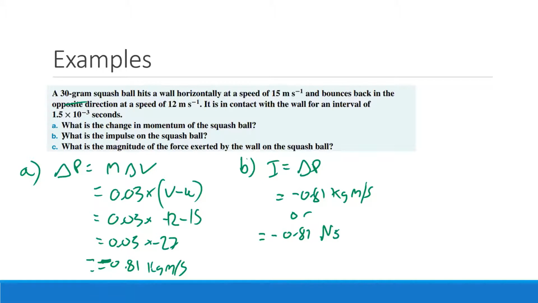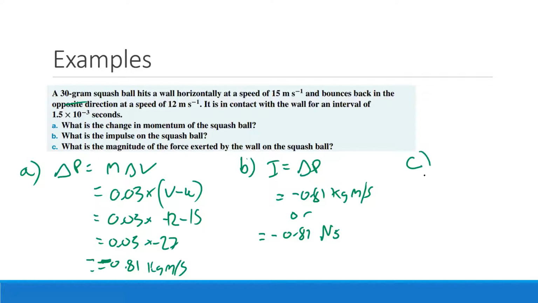Now this might be a bit weird for you, but because impulse is changing momentum, you don't actually have to do anything. It's the same thing. You can measure that in Newton seconds. You can measure that in kilogram meters per second. The two are interchangeable. And you can actually go back to that previous example that I showed you and figure out why they're interchangeable.